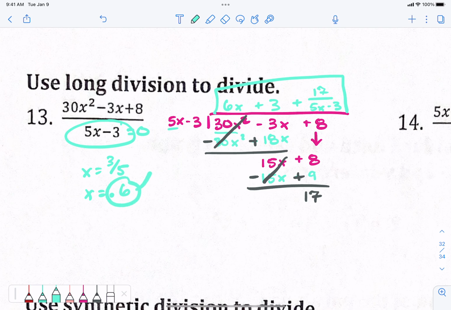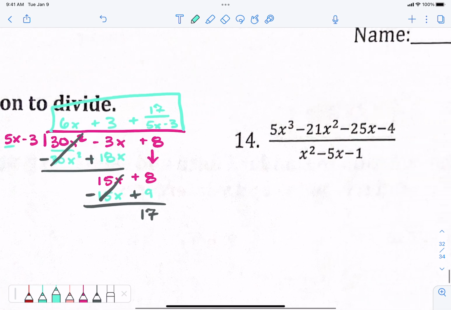If you plug 0.6 in here, what should you get as an answer? 17. You should get 17. And if you got 17, chances are you got the rest of it right. Does that make sense? You set that guy equal to 0, you plug it in, and it should be equal to the remainder.